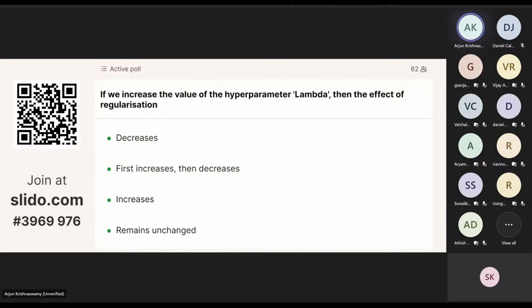Regardless of the increase, from where to where you increase, you still have the same trend. The effect might be a little lower, but the trend is the same. So don't get confused.